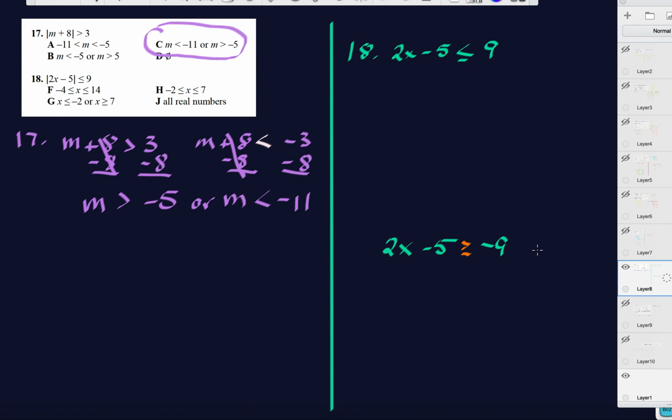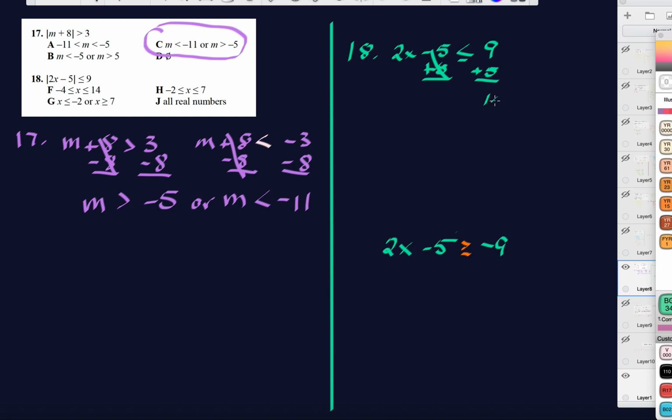Okay, we'll move on to this one over here. I think it's this color. You'll see I've already flipped the inequality symbol for the opposite value on the right. Sound good? Great. This is just add 5, add 5, and 9 plus 5 is what, 14?